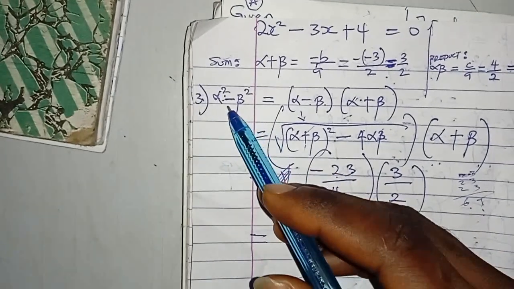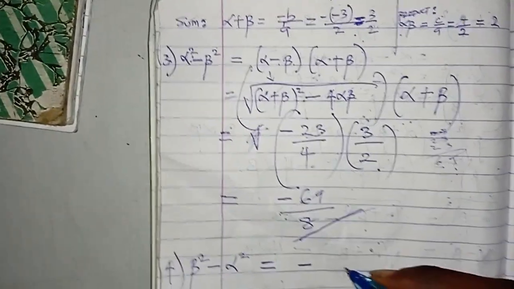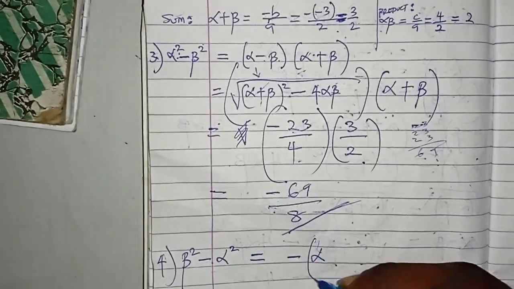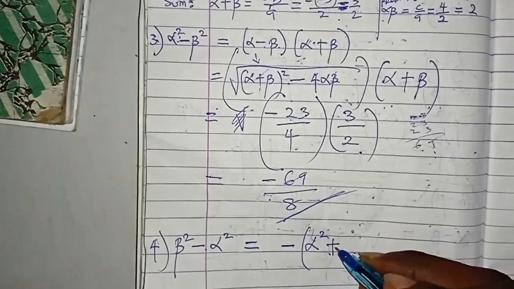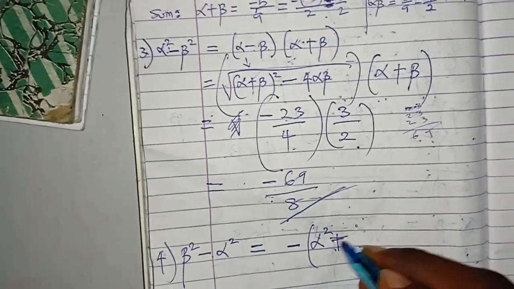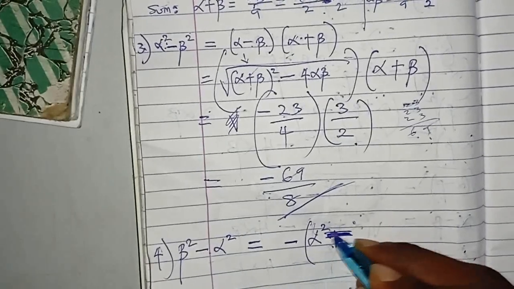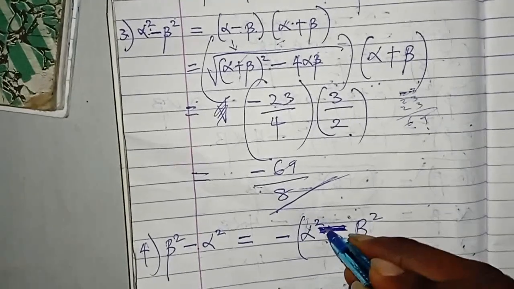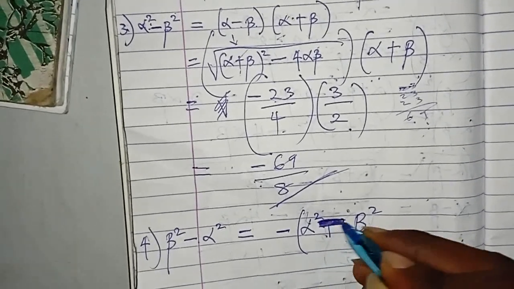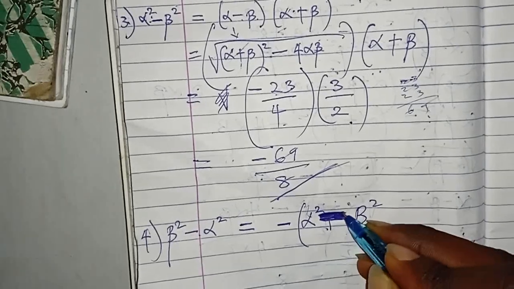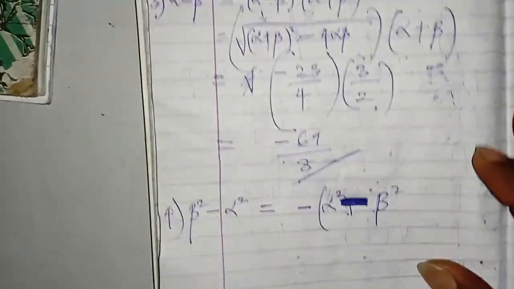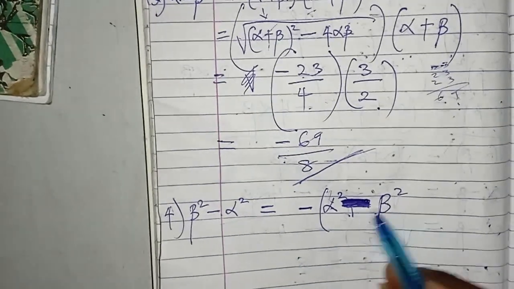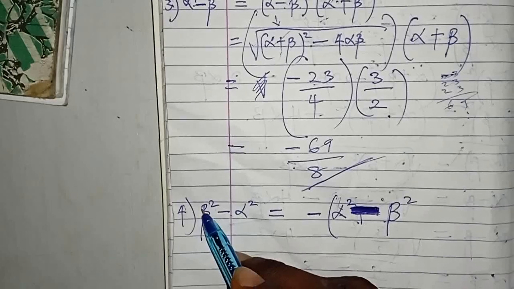You see that this is minus alpha square plus minus beta square. Notice that minus times this gives us minus alpha square, then minus times this minus gives us positive.